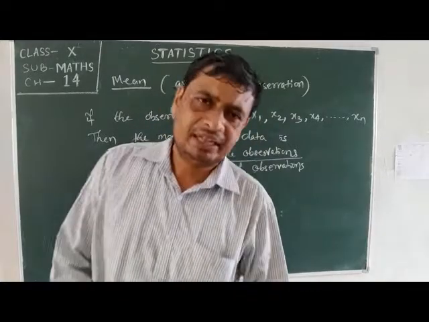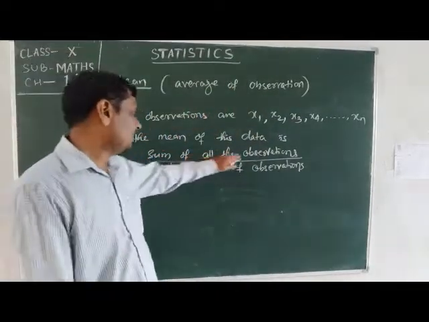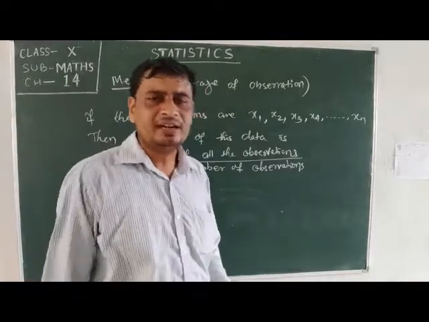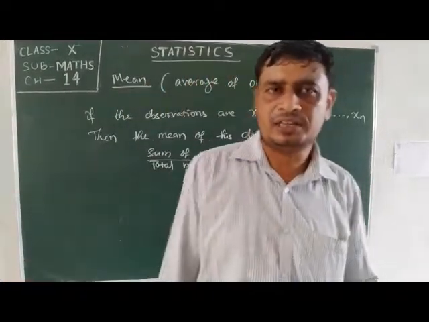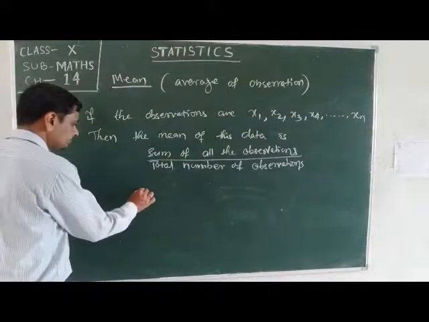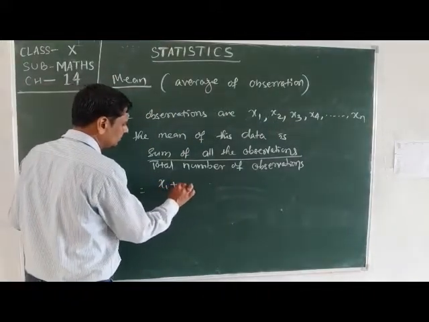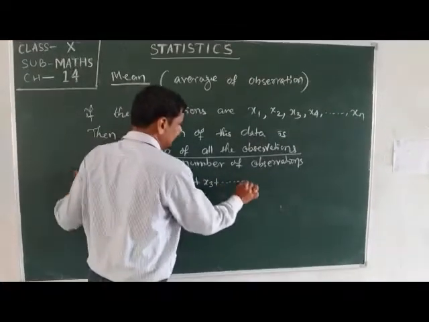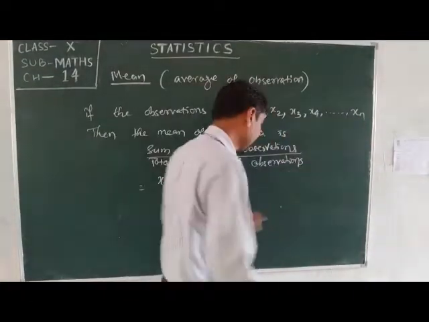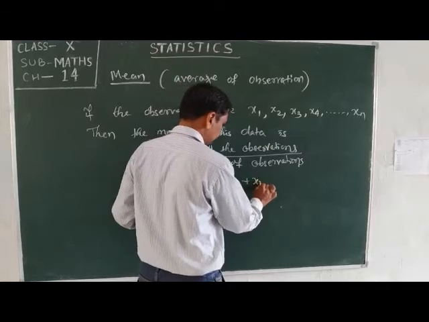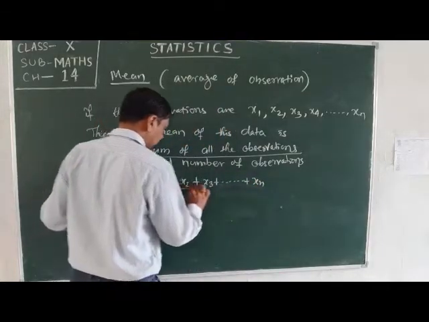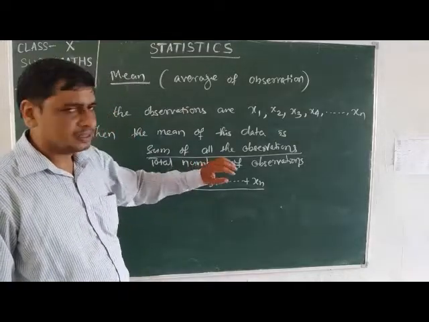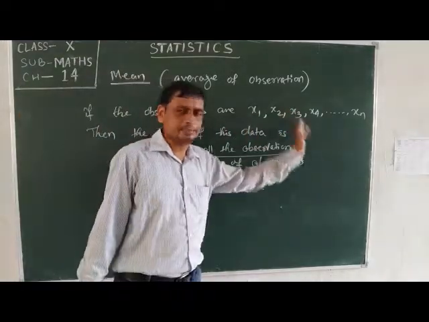We can find the mean of the data as the sum of all the observations by total number of observations. Here we can find the sum of all the observations as x1 plus x2 plus x3 plus x4 up to xn. But the total number of observations, how many observations are present?